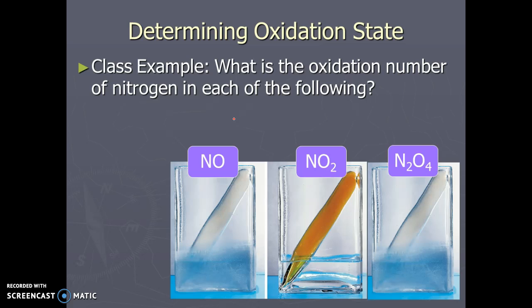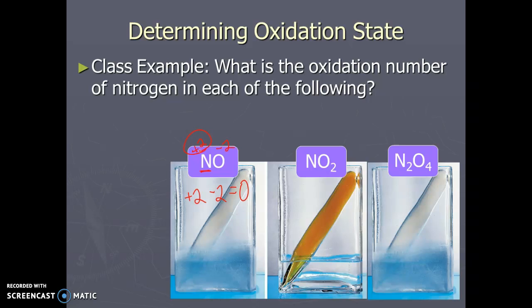So I want to figure out what is the oxidation state on this N. Well, it's a compound, so I know the whole thing must add up to 0. Oxygen gets priority to be the negative guy, so I automatically assume a negative 2 for oxygen. So in order for this to add up to 0, that means the nitrogen has to be a plus 2. So in this case here, the nitrogen has an oxidation state of plus 2.